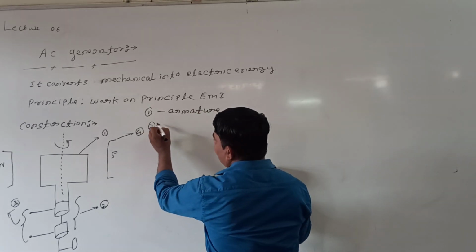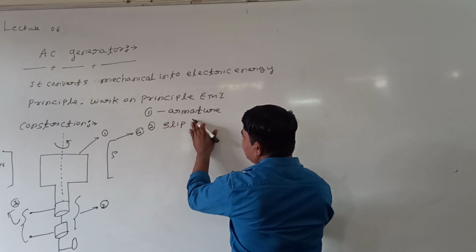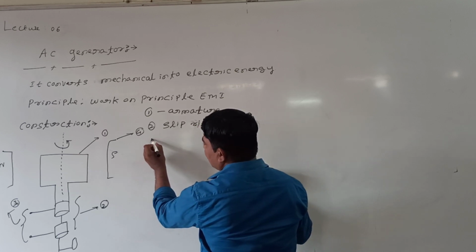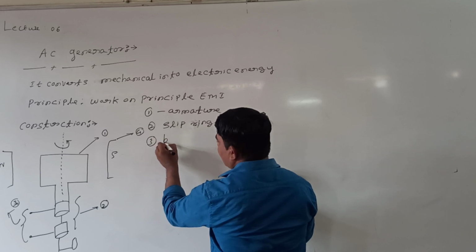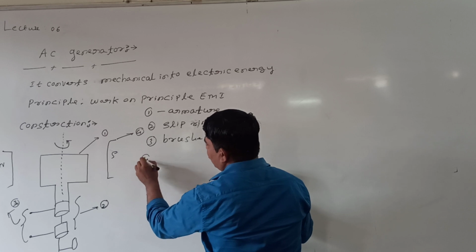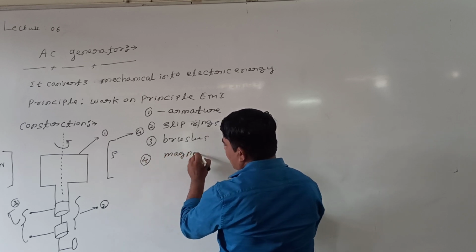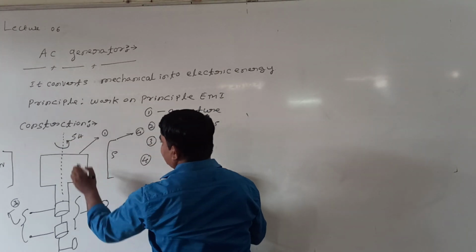Part 2 I can call the slip rings. Part number 3 is the carbon brushes, or simply brushes. And part number 4 is the magnets. One more part is there. This part I can call the shaft.